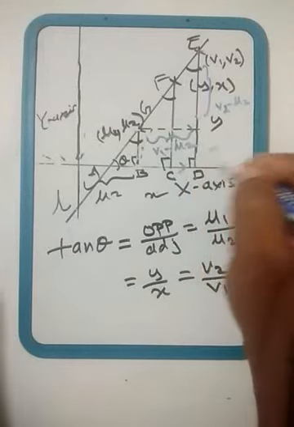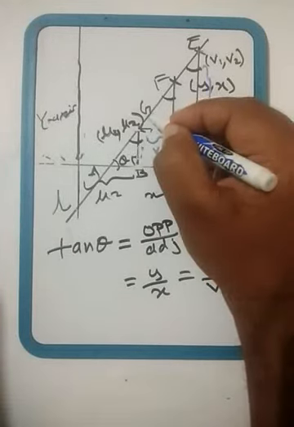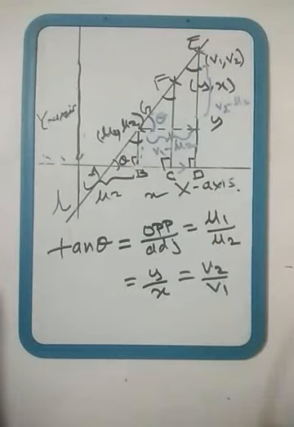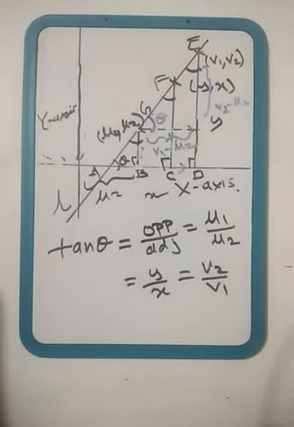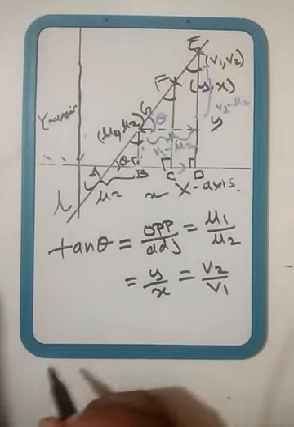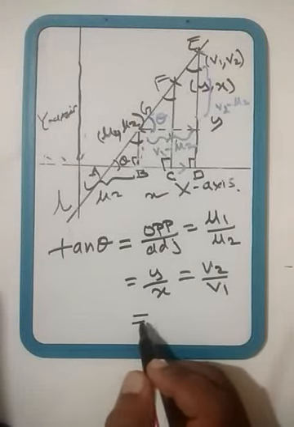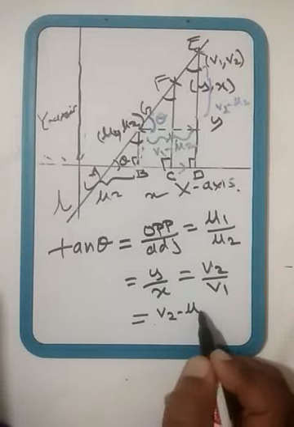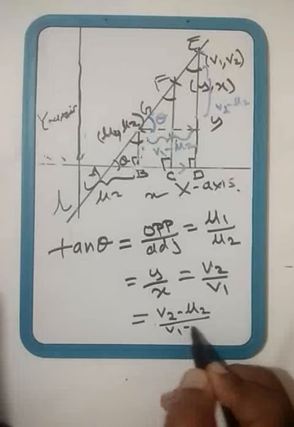This line is parallel to this line, so again this angle becomes theta, just like this angle. So this is the same thing as v2 minus u2 upon v1 minus u1.